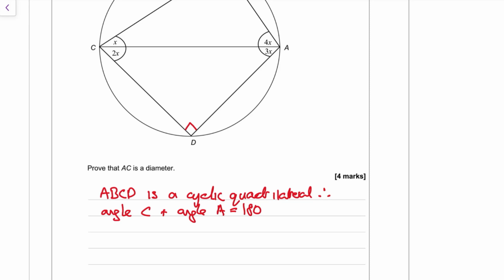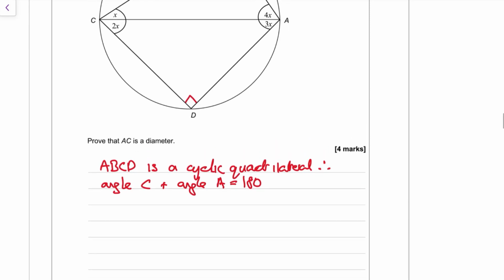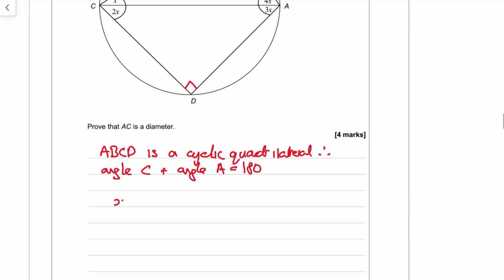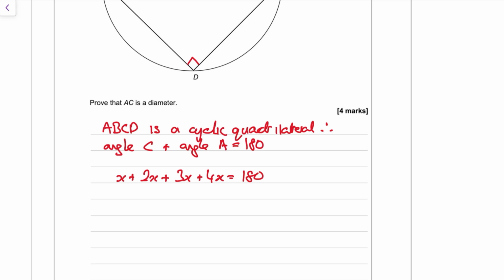In other words, opposite angles sum to 180. Therefore, x plus 2x plus 3x plus 4x is equal to 180. X, 2x, yeah, I got that right. 1, 3, 6, 10, so 10x is equal to 180, which means that x is equal to 18.